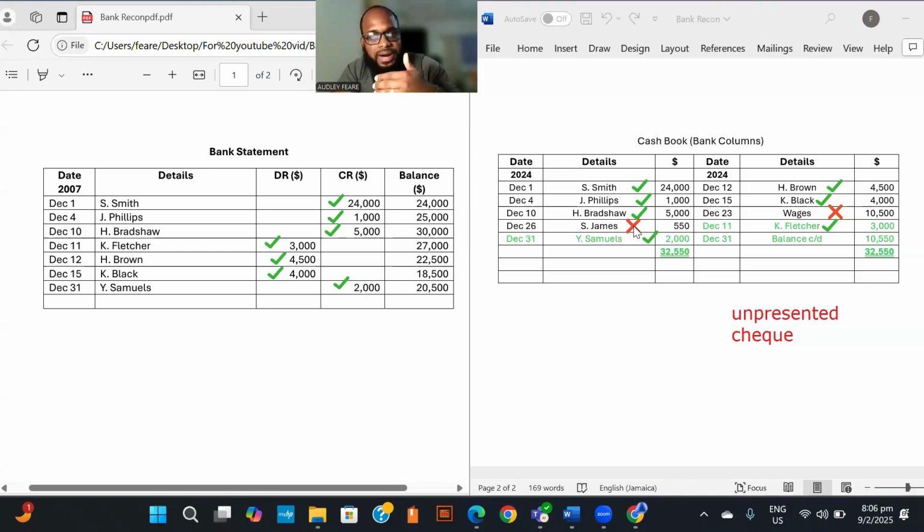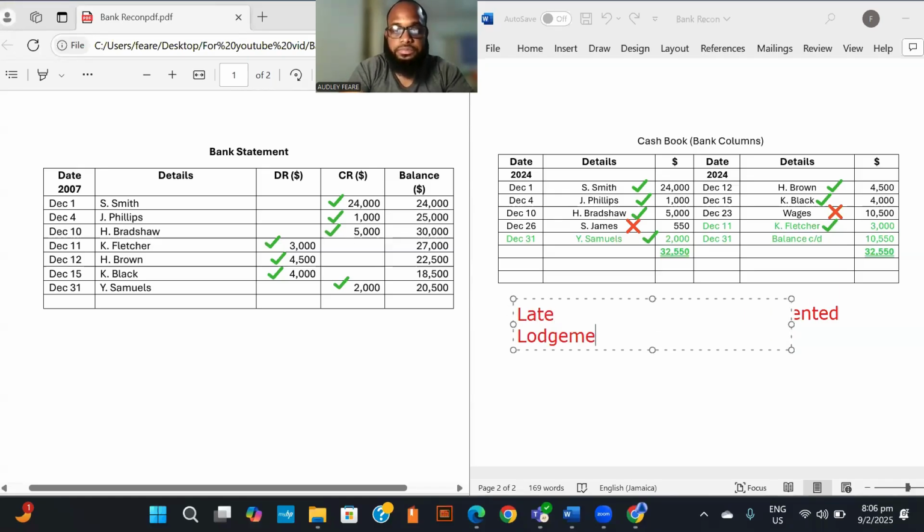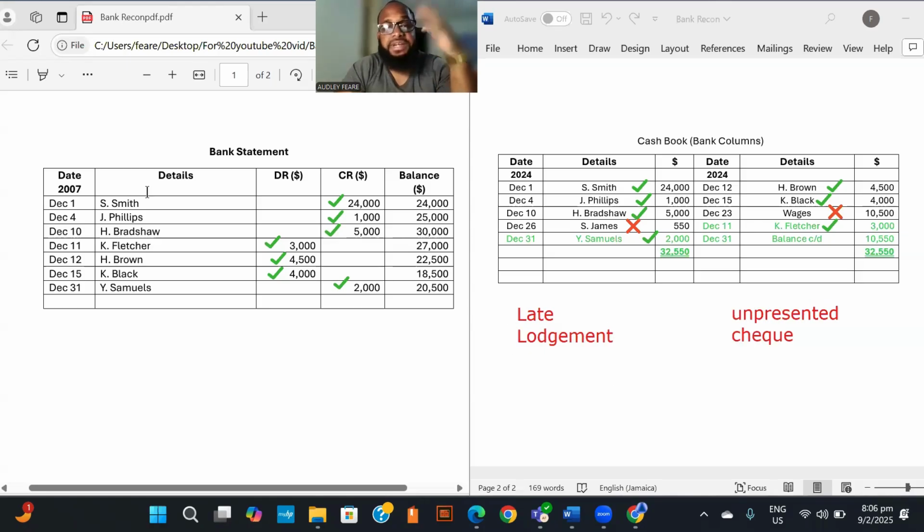When we get money into our bank, it is called a lodgement. But this seems to have not gone in, so it's called a late lodgement. So on our debit side, we will have late lodgement, and on our credit side, we'll have unpresented check. There's a formula that we're going to use, and this formula is always used whenever you're doing the bank recon. It does not change at all.